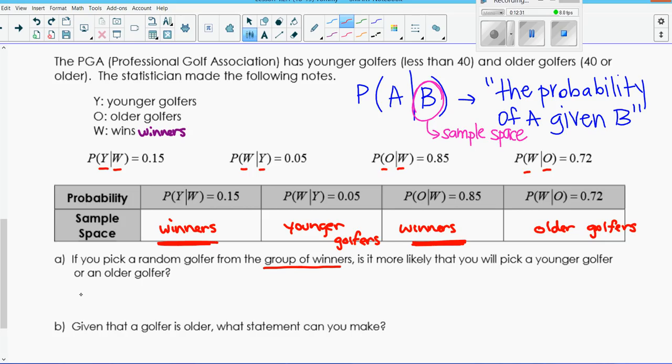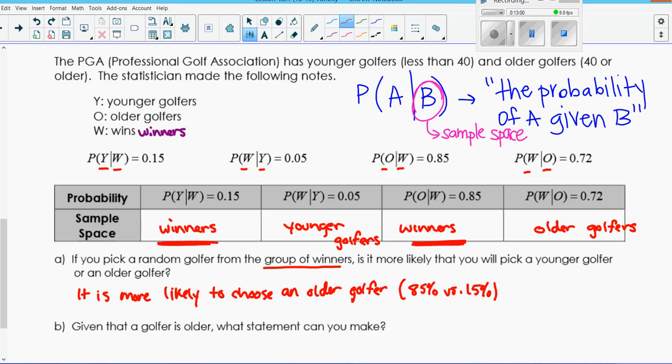So we're going to say it is more likely to choose an older golfer, and I'm going to say 85% versus 15%.